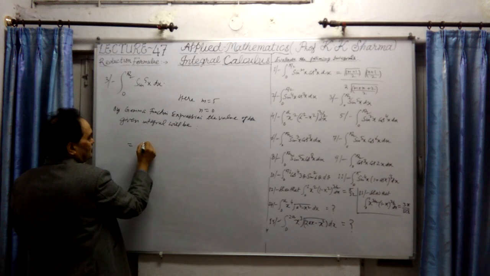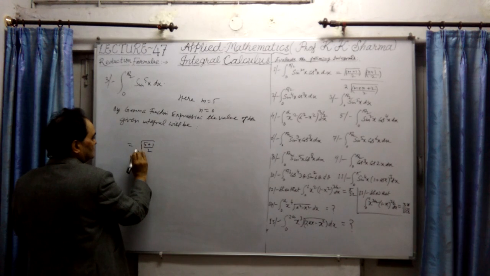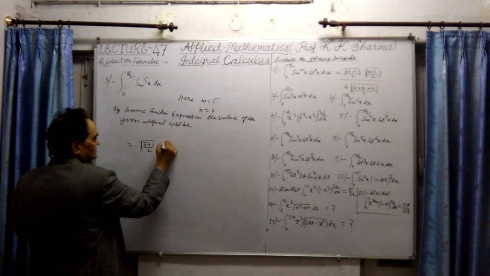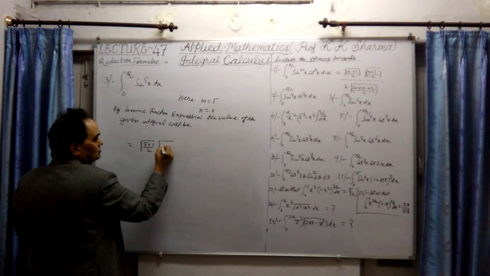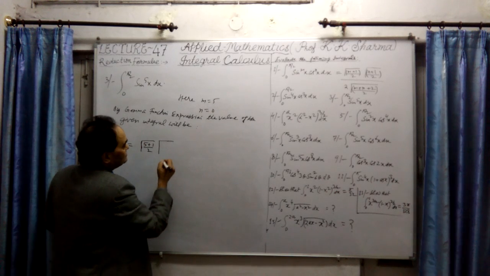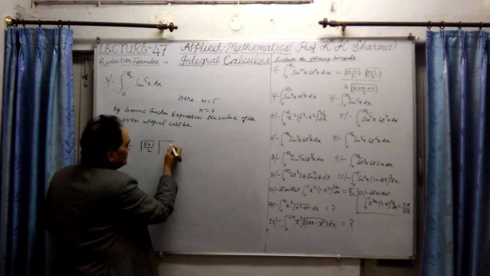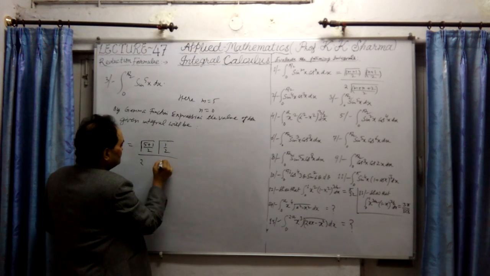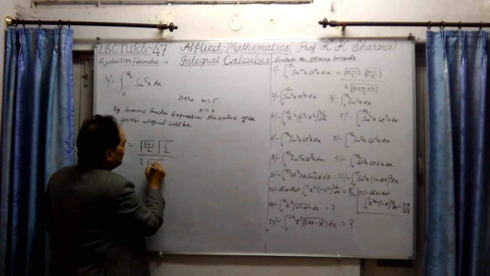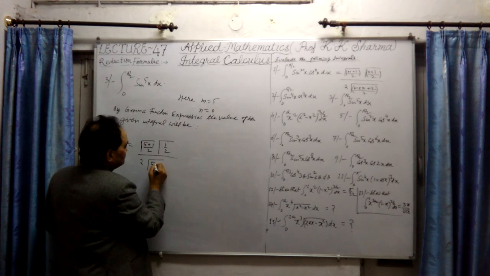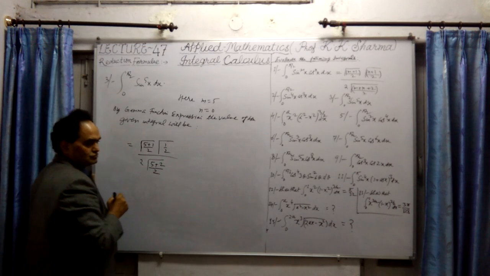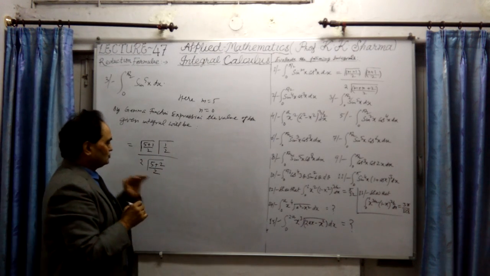This is 5 plus 1 upon 2, gamma, and this is gamma only 1/2 because n is 0, n plus 1 upon 2, that is 1/2 only, but twice gamma of 5 plus n, n is 0, plus 2 upon 2.